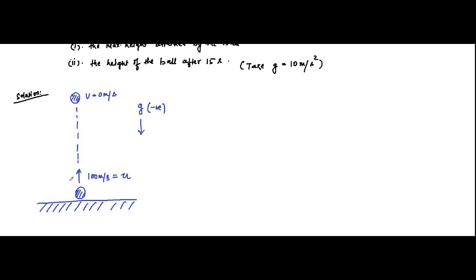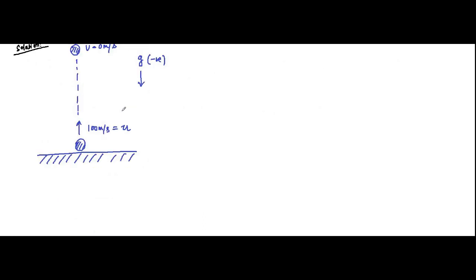So what we want to plot is the velocity-time graph, so two parameters that are important are velocity and time. The time for which it goes upwards and comes to rest, we have to find using v is equal to u plus at, this equation of motion.